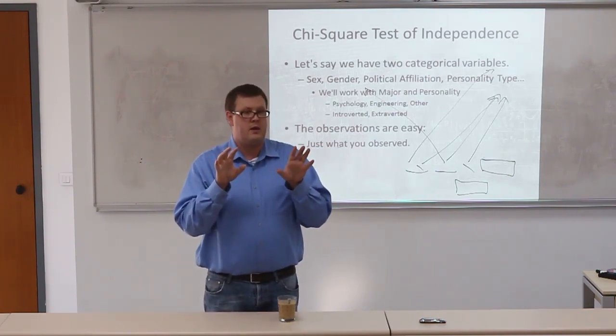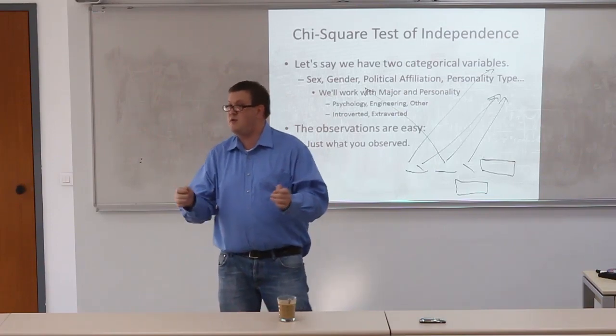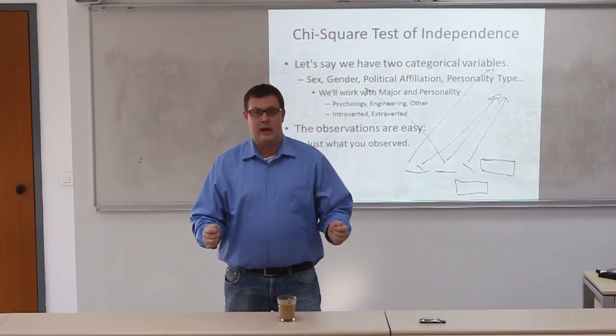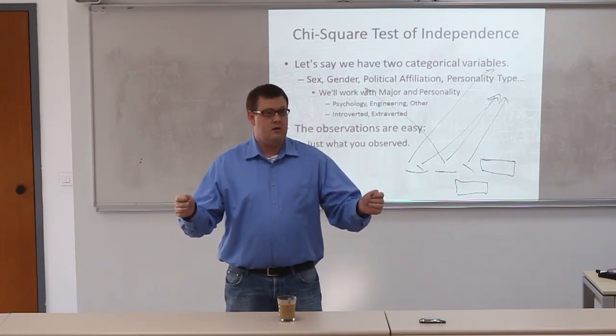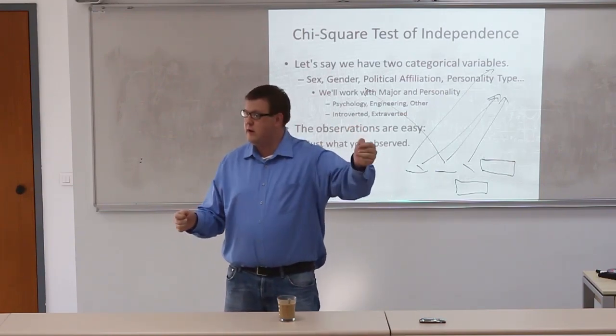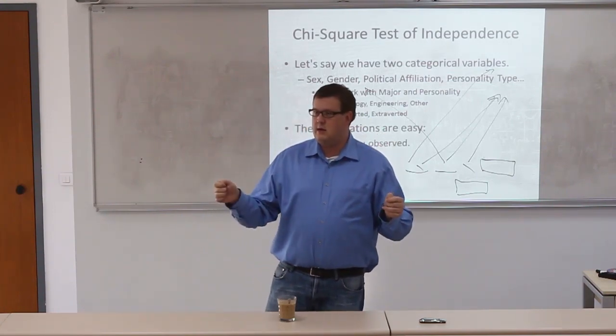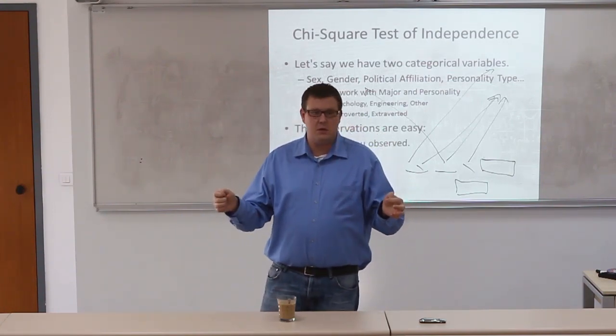You guys remember that? So if we go back to thinking about two coin flips, what's the probability that I will get a head and a head? The probability of getting a head on the first is 0.5. The probability of getting a head on the second, if the coin is also fair, is 0.5.